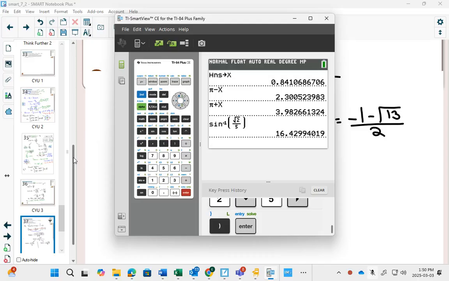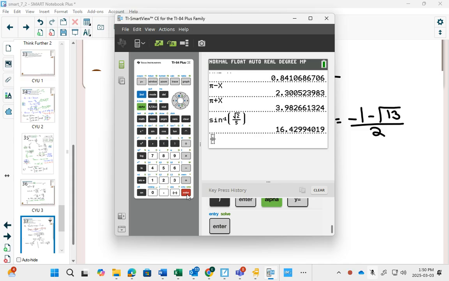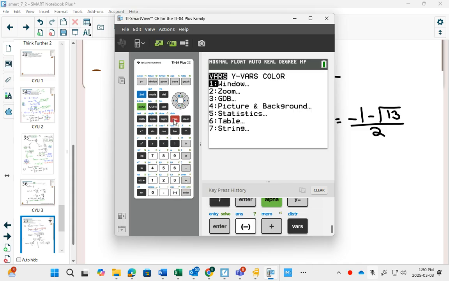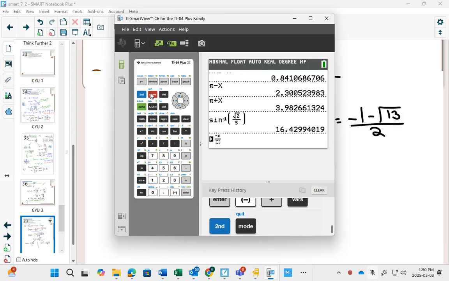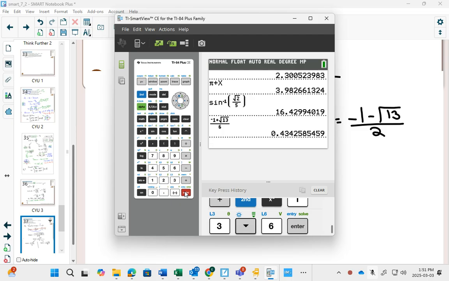Sometimes you can tell right away if things are positive or negative, like mental math. I have all negative numbers on the top of this fraction. I know this side is going to be negative. But sometimes it's nice to type it into your calculator just to check. So I would have negative 1 plus the square root of 13 divided by 6, 0.434.